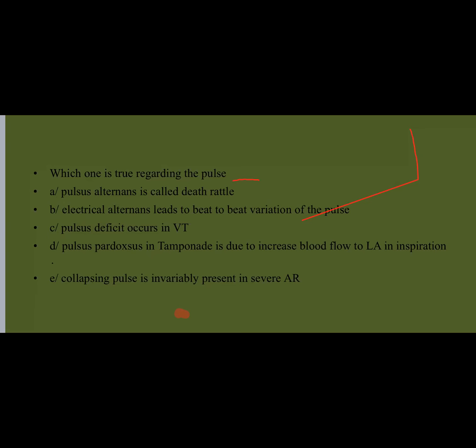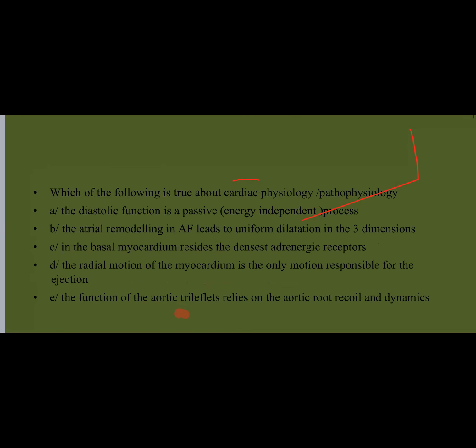Right. Which of the following is true about cardiac physiology and pathology? A: Diastolic function is an energy-independent process. B: Atrial remodeling in AF leads to uniform dilatation in the 3 dimensions. C: In the basal myocardium reside the densest adrenergic receptors.